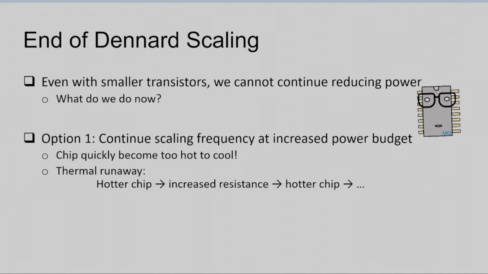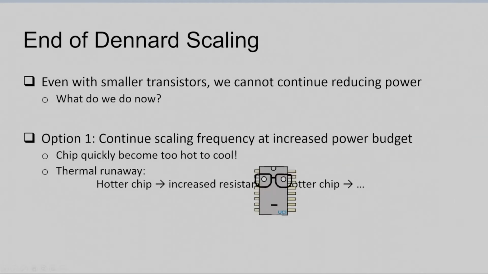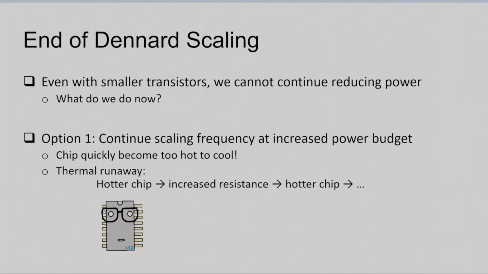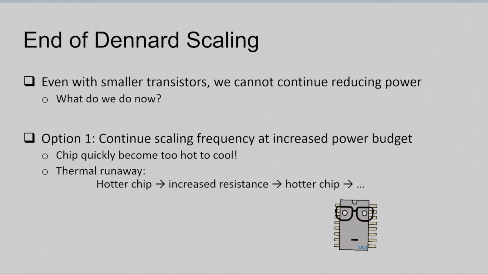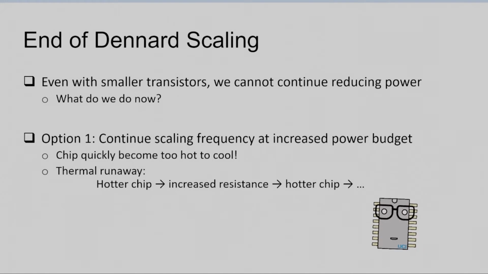The resistance of silicon increases with temperature. So if we can't keep the temperature of the chip down to a certain level, once we have a hotter chip, the resistance of the chip will also increase, which leads to a hotter chip, and so on and so on, until it becomes way too hot for conventional or even reasonable cooling systems to handle.